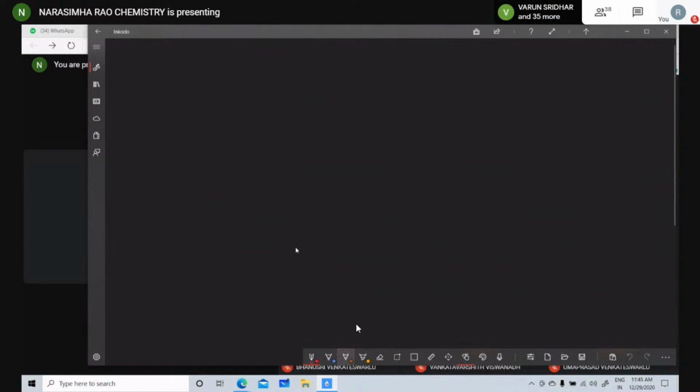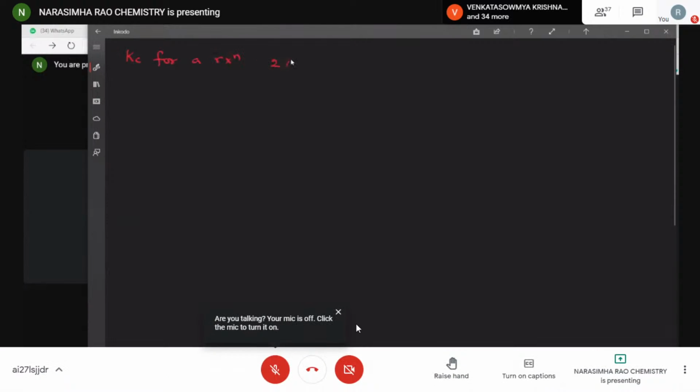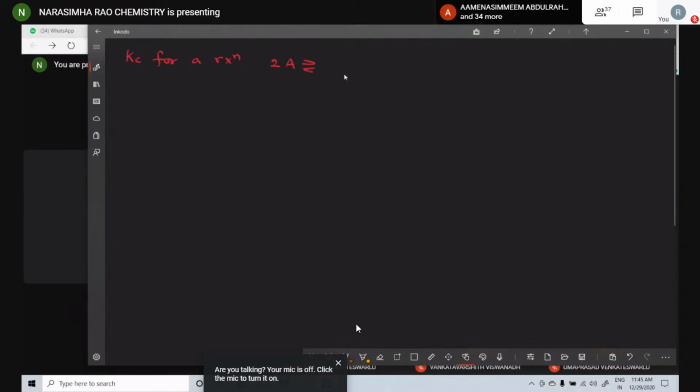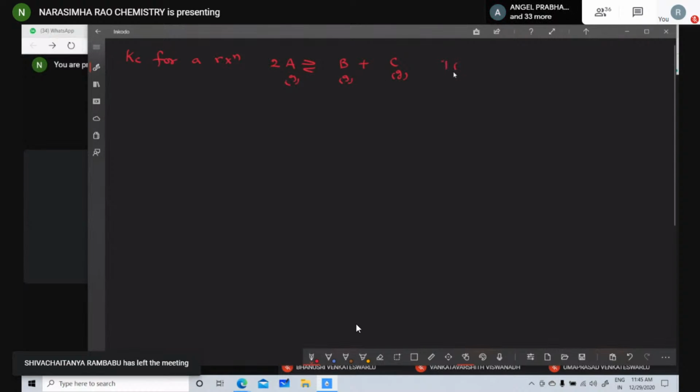Right. I am giving one more problem for understanding of this concept, children. My problem is for a given reaction: Kc for the reaction 2A in equilibrium with B and C, all gaseous, is 2 × 10^-3.